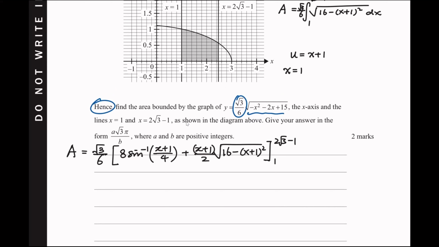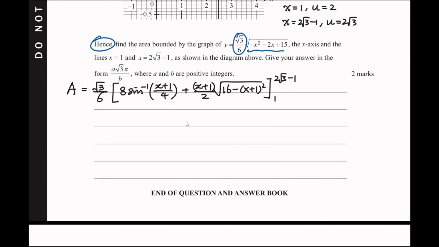Then if x equals 1, u equals 2. If x equals 2 root 3 minus 1, your u will be 2 root 3. So eventually I'm saying, okay, this is root 3 on 6 times 8 sine inverse of u over 4 plus u over 2 times the square root of 16 minus u squared, from 2 to 2 root 3. Okay? And the calculation should look slightly easier.